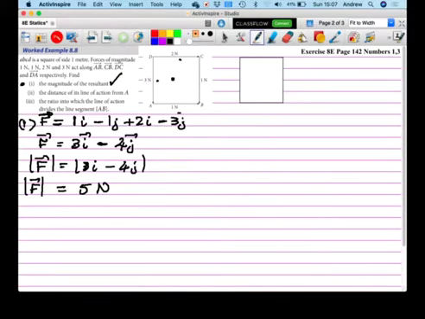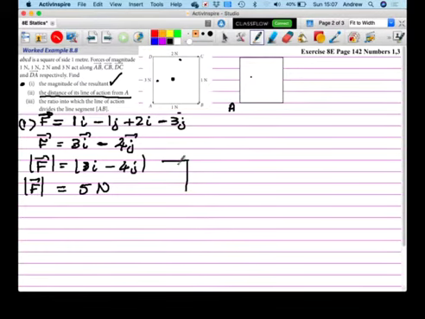Now, what it's actually asking you for in the question is to find the distance of the line of action of this force from A. So we're going to assume that the force is up above A, and we know that the force is 3 along and 4 down.